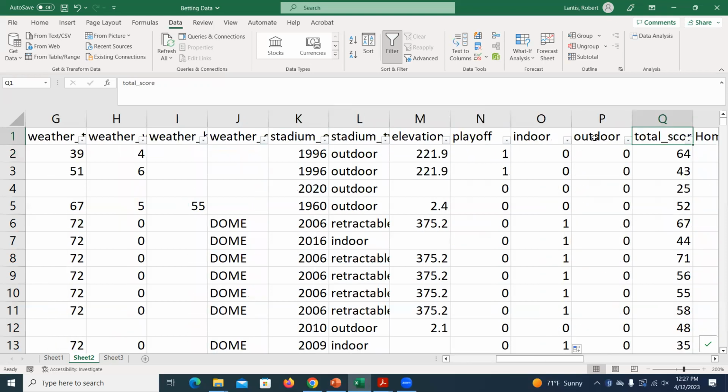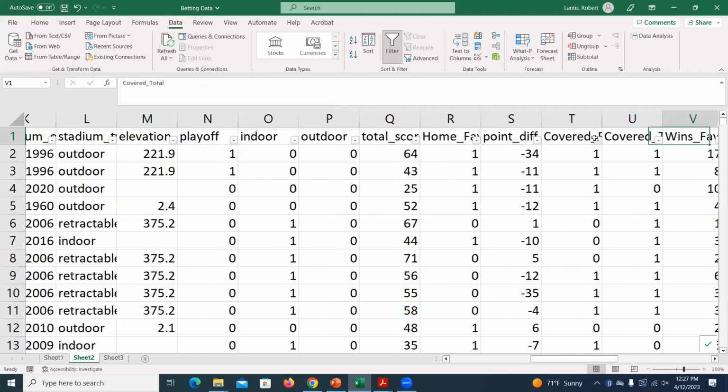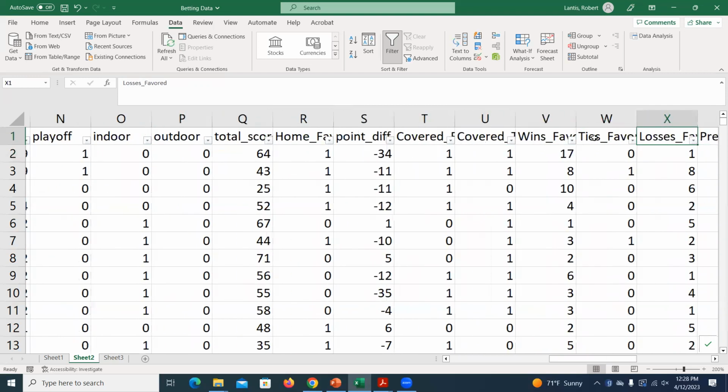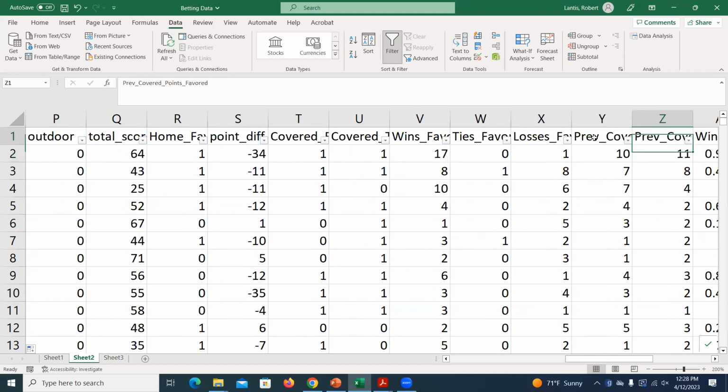So I'm looking through here, and actually let's do the favorite instead of the underdog. I've got this variable that I created, which was a 1 if the team covered the point spread, 0 if they didn't. Okay. I then have, did they previously cover the spread? Right. So I've got all these other variables though, and I don't really want to deal with these.